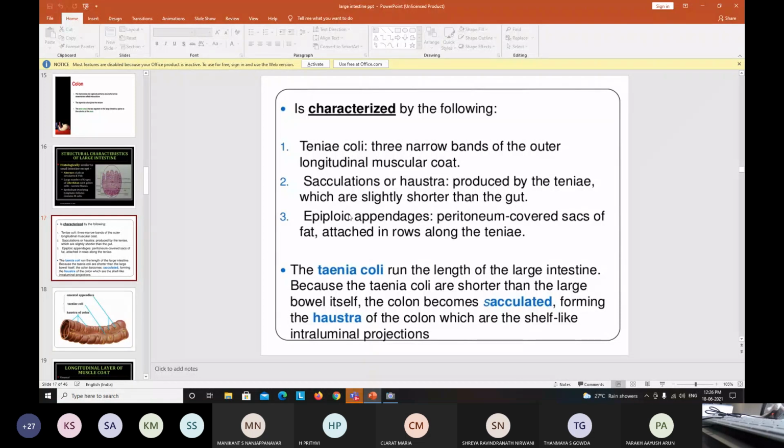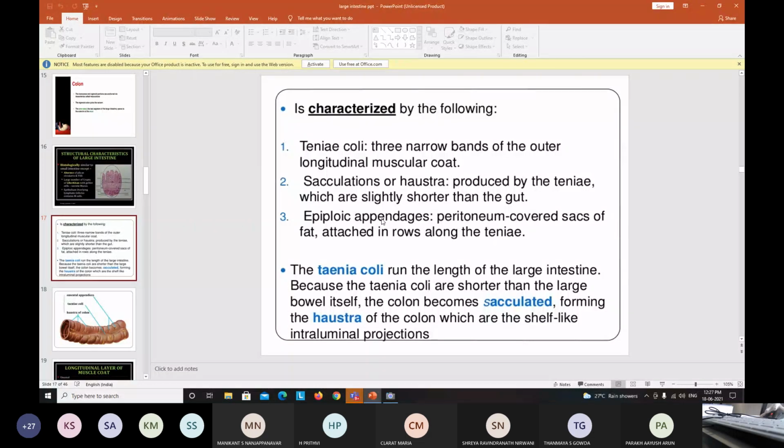Next, some small fatty sacs, epiploic appendices, covered by peritoneum. You can say they are fatty pouches covered by the peritoneum, present in rows parallel to the Taenia coli.